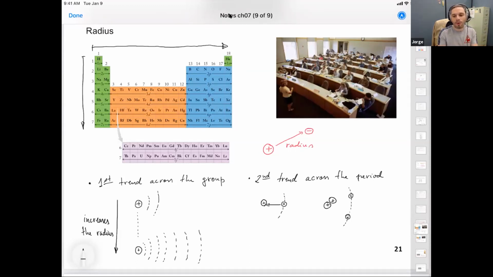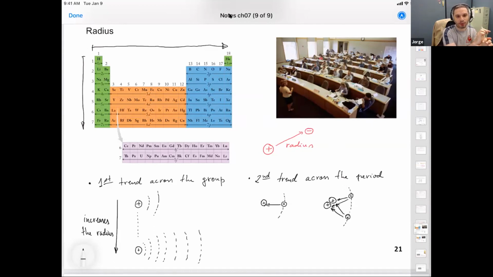So now what we did was to add an extra positive charge, also an extra negative charge, but we kept the same number of shells. So that will result in a stronger attraction, because now we have two positive charges to attract the electrons, and as the result, the radius will shrink.